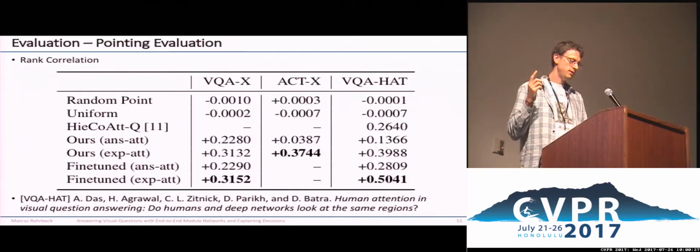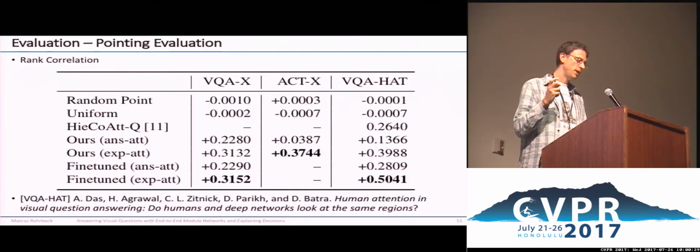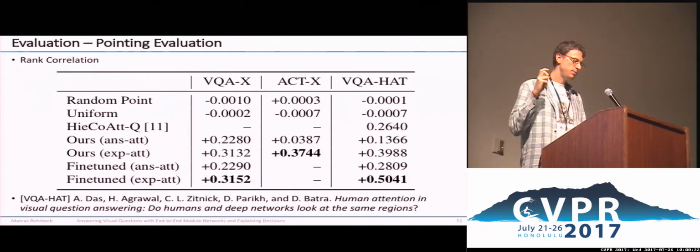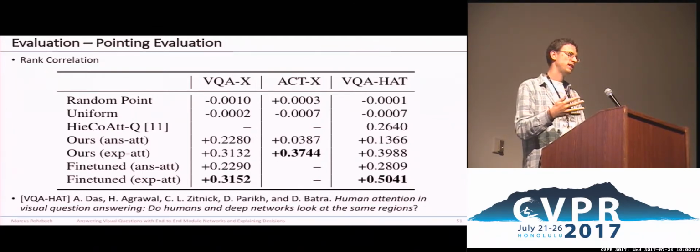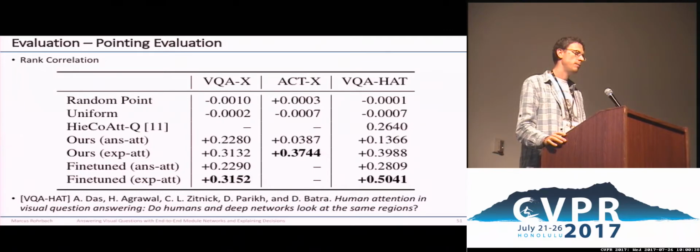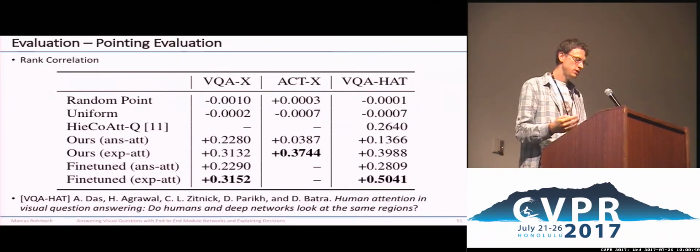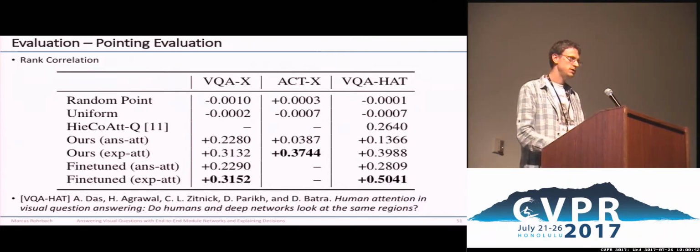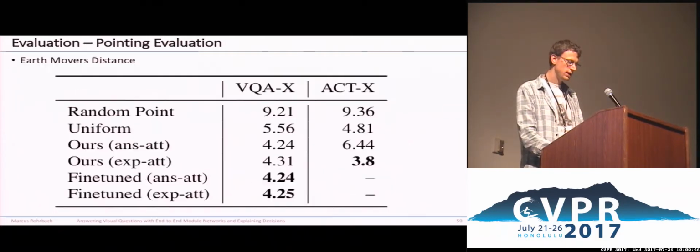And the second point, which I think is interesting, is that the explanation attention, so the second attention, which we introduce by explaining the model with natural language, gets consistently better performance than the answer attention. You can see that both in this evaluation with rank correlation and also in this evaluation, it's typically slightly or quite a bit better to use the second attention map.